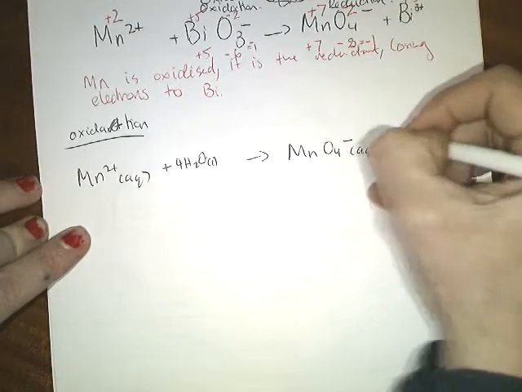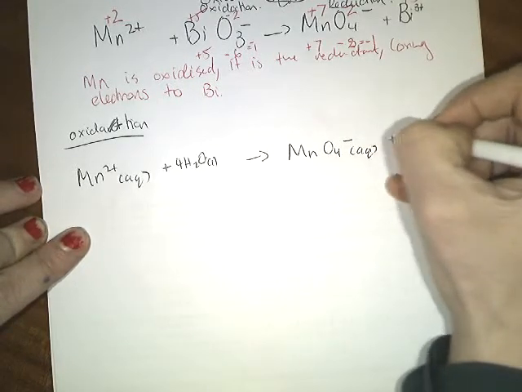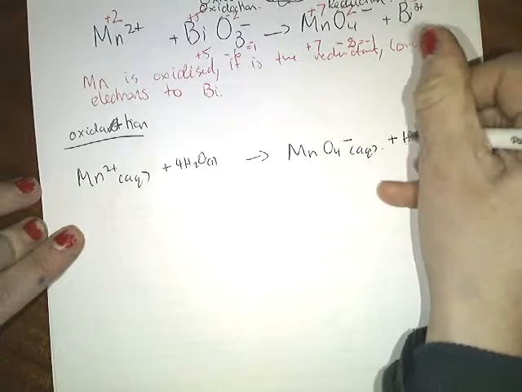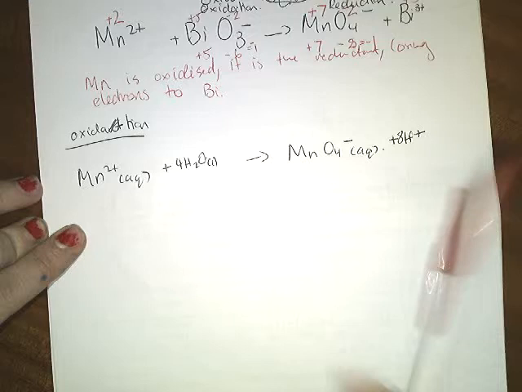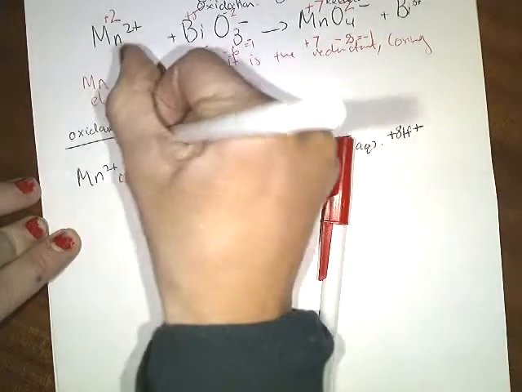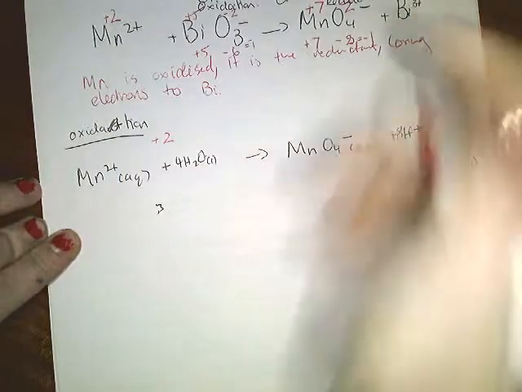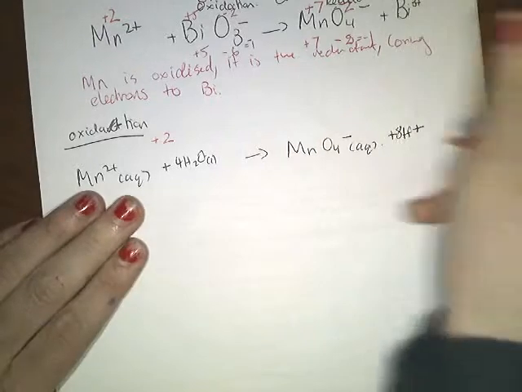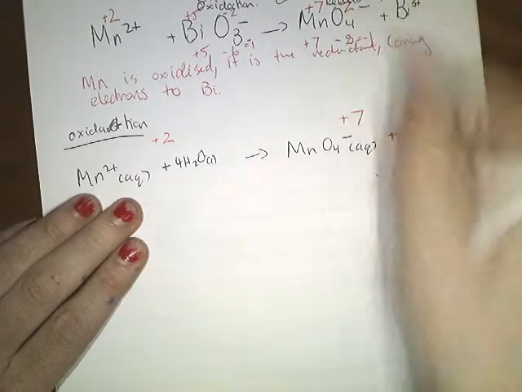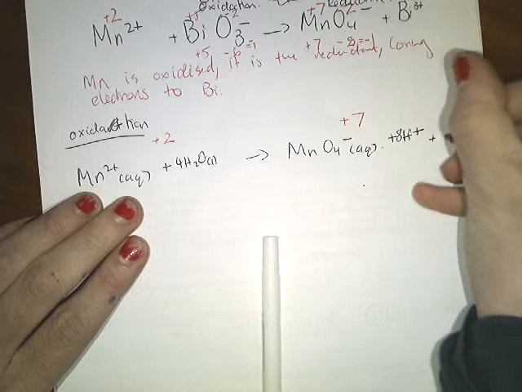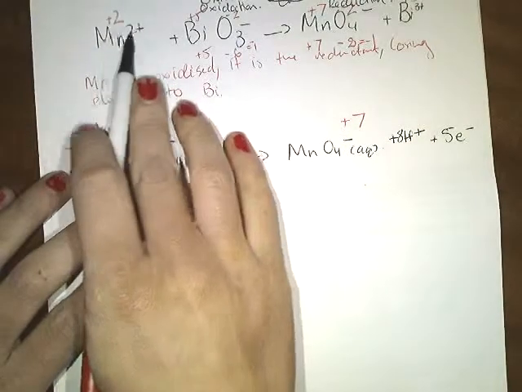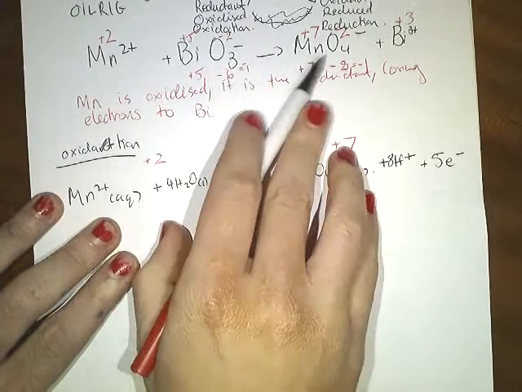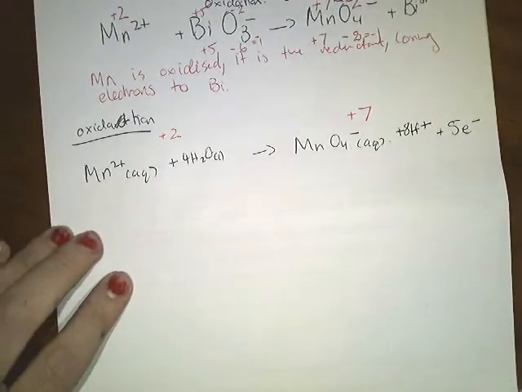Then you have to balance for H plus by adding H plus, and we're going to have to add 8 H pluses. Then you have to balance for charge, so you have a look overall, this has a plus 2 charge, and on this side it is a plus 7. So we have to add 5 electrons, and it makes sense because it goes from oxidation number plus 2 to plus 7, so it's lost 5 electrons.